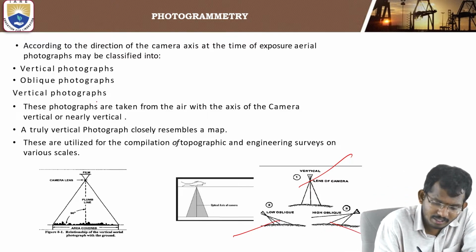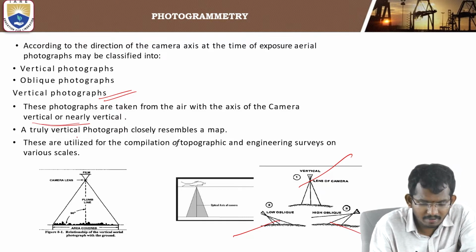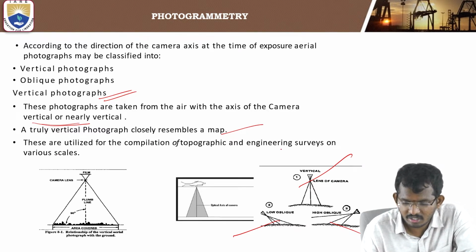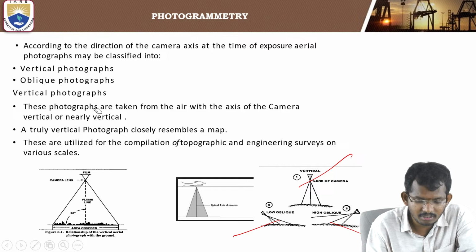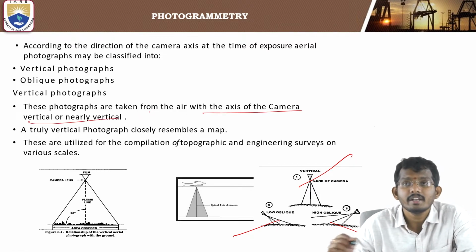A vertical photograph is nearly vertical, and a truly vertical photograph closely resembles a map. It is utilized for the completion of topographic and engineering surveys on various scales. Vertical photographs are taken from the air with the axis of the camera vertical or nearly vertical.